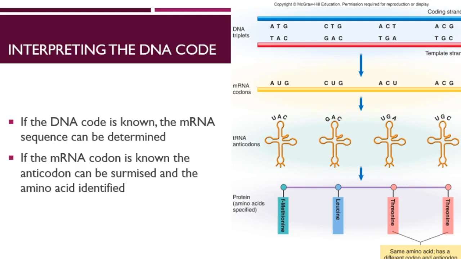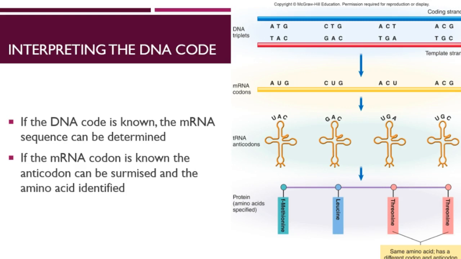So the way that the DNA code is interpreted to produce proteins is first we have these coding sequences within the DNA. DNA and RNA are read in these triplet sequences. And we start with the DNA and we produce a messenger RNA from the template strand.